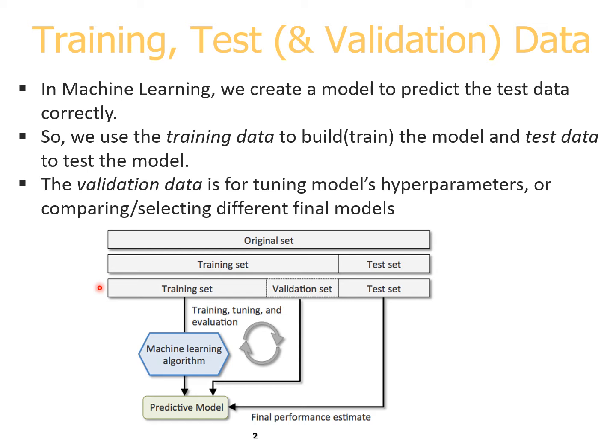And in some other cases, this training data is divided into training data and validation data. In this case, again, we use training data to create a machine learning model, again a decision tree. Once the model is created, you want to improve the model.